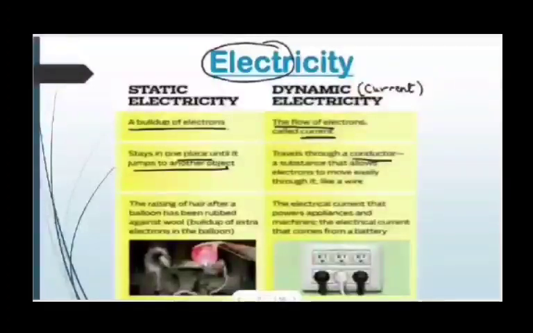What about static electricity? The raising of hair. In the winters, normally we've seen hair standing on end. There's a machine which generates this electricity. If you've seen the Mr. Bean series, one of the episodes has static electricity, and the hair stands on end.